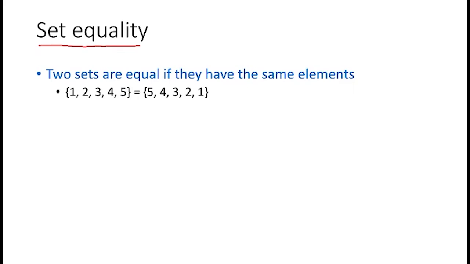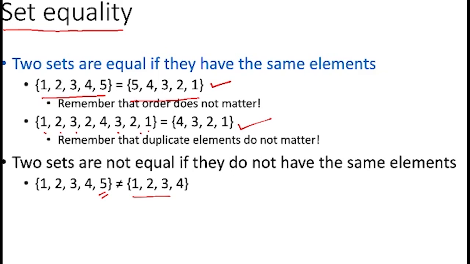Already we have studied that if 1, 2, 3, 4, 5 is given and 5, 4, 3, 2, 1 is given, in a set we know that order does not matter. The order of the numbers is different, but the elements are the same. So these two will be the same. Order does not matter. And also repetition: if two ones are given, two twos, two threes, ultimately you are getting the numbers 1, 2, 3, 4 only.